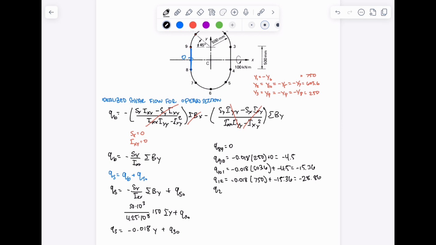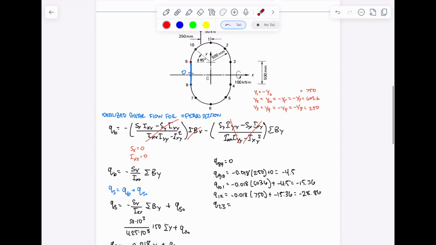Again, shear flow from 2 to 3. So we already did from 8 to 9, 0. We made the cut there. 9 to 10, we found negative 4.5. 10 to 1 is negative 15.36. 1 to 2, and we need to find 2 to 3.